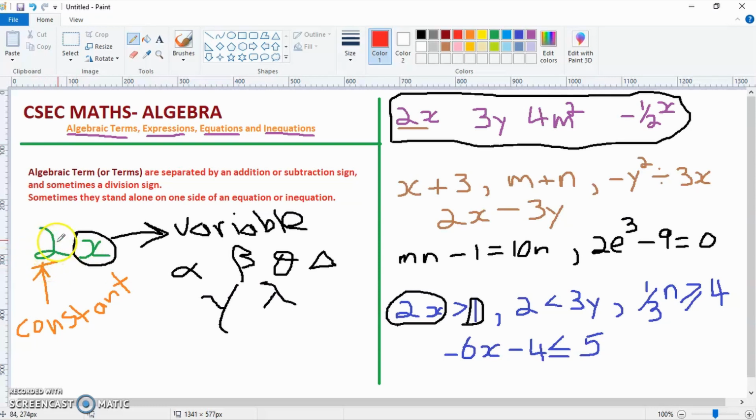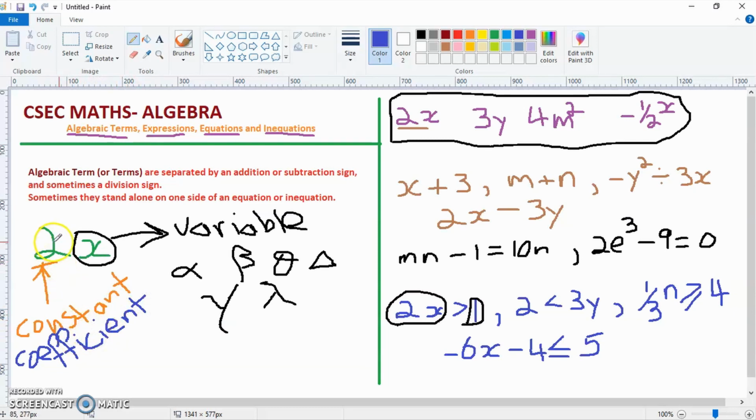Now when you have a constant in front of a variable, or to the left of a variable, that constant is called a coefficient. Anytime you have a constant to the left of a variable, it's called a coefficient, spelled C-O-E-F-F-I-C-I-E-N-T.